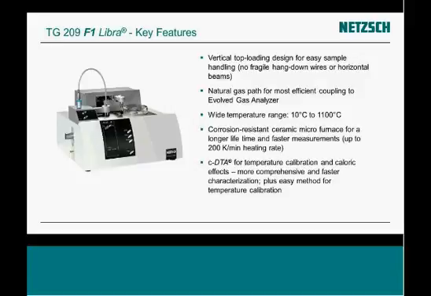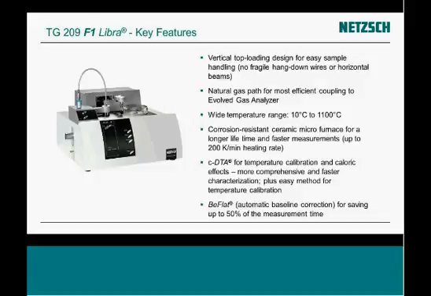We also use a corrosion-resistant ceramic micro furnace, which has a long lifetime and faster measurements, as fast as 200 K per minute in heating rate. Also, we use a c-DTA for temperature calibration and caloric effects. So that can provide you some similar DSC data through the calculated DTA. That's pretty handy. If you don't have a DSC with you, this can also do some of the DSC's work.